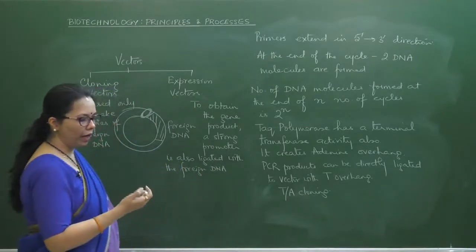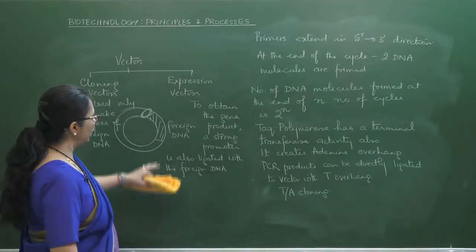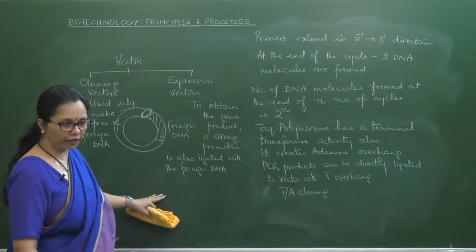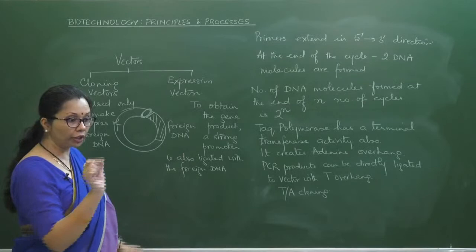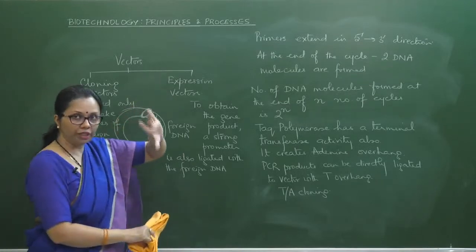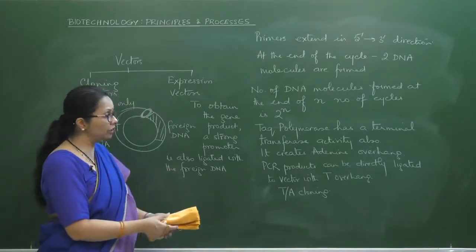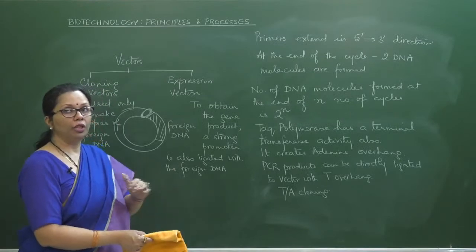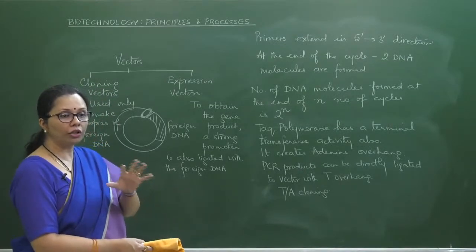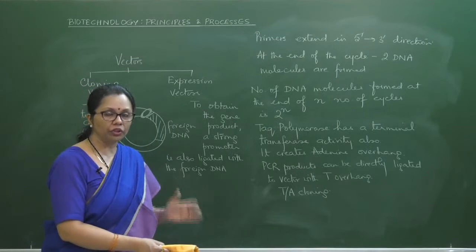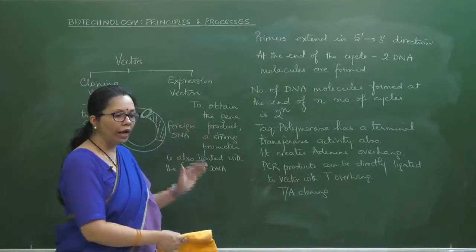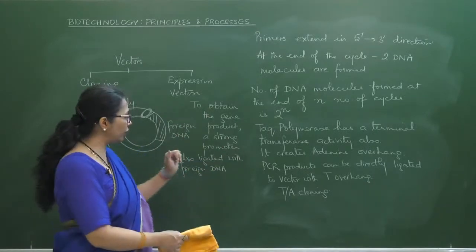Accordingly, that becomes an expression vector. That's the only difference, because this once again has been a term in the test. Biotechnology, you see, is one topic in which you cannot say that the questions are only and only from NCERT. You have to go slightly above, and that's what I have been taking with you.